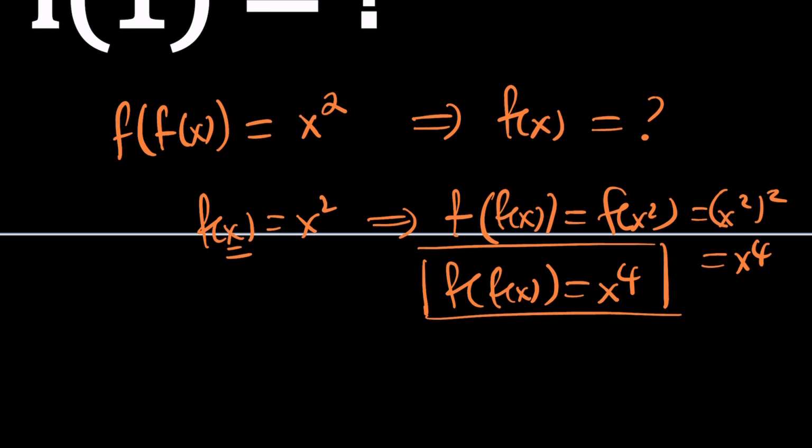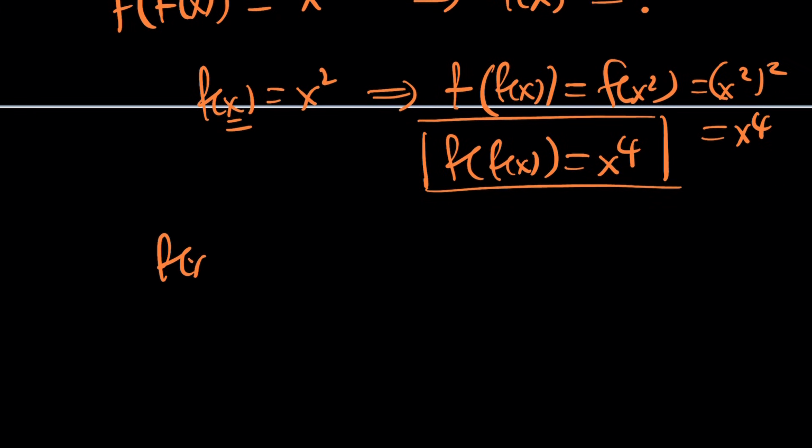And there are 2 such numbers, root 2 and negative root 2, right? So then, is it possible for f of x to look like x to the power root 2? Uh-oh, we almost made a breakthrough, didn't we? Because we guessed for f of x, but we didn't check yet.